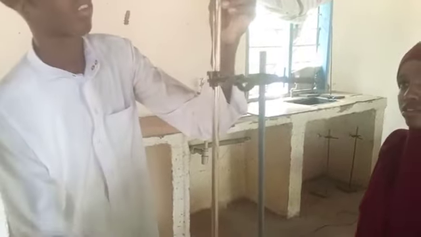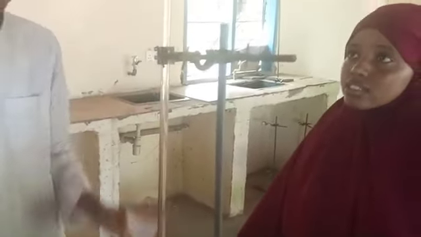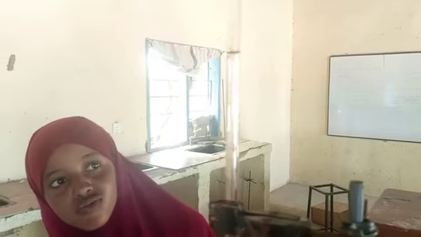So you have to fill the burette just above the 0 meniscus, and then you adjust so that it comes at the lower meniscus of 0. So that is the lower meniscus of 0.